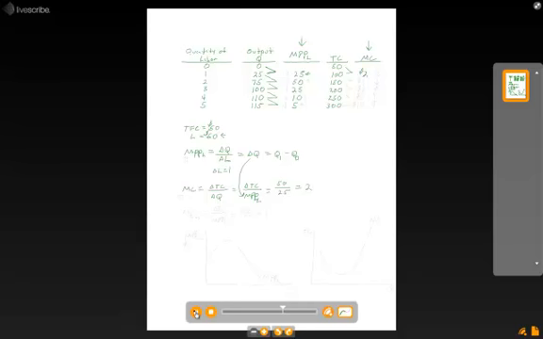So our marginal cost, our additional cost of hiring that worker, is going to be $2.